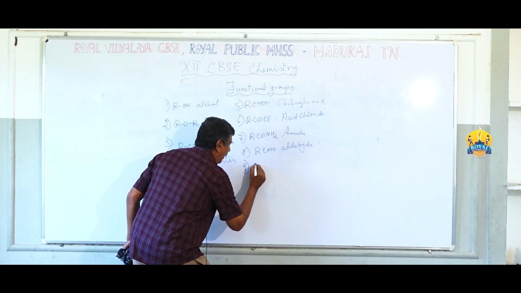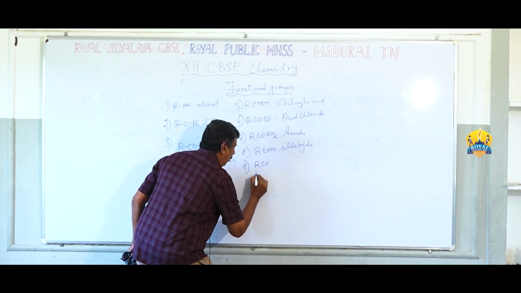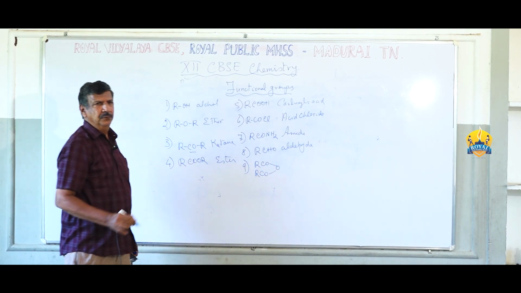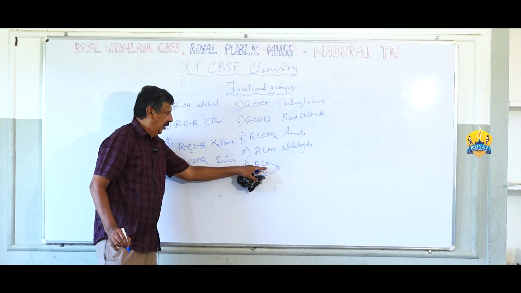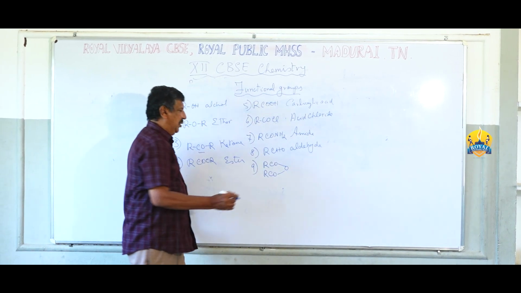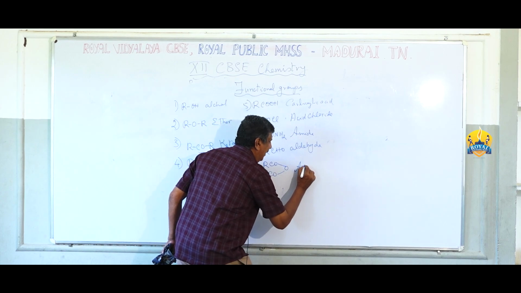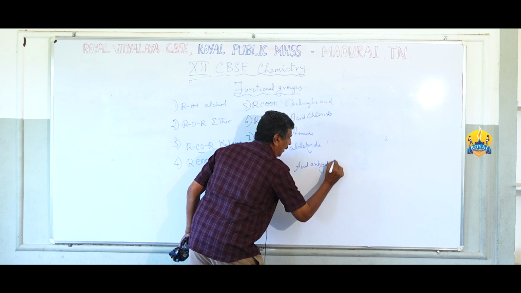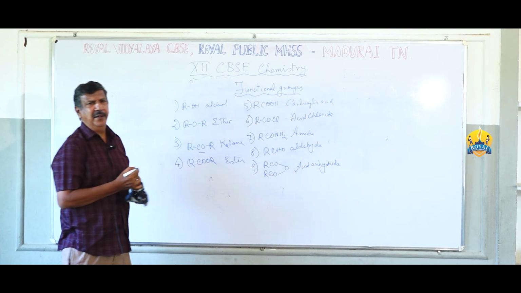Then ninth one, RCO, and again RCO with O in between. This is called acid anhydride.